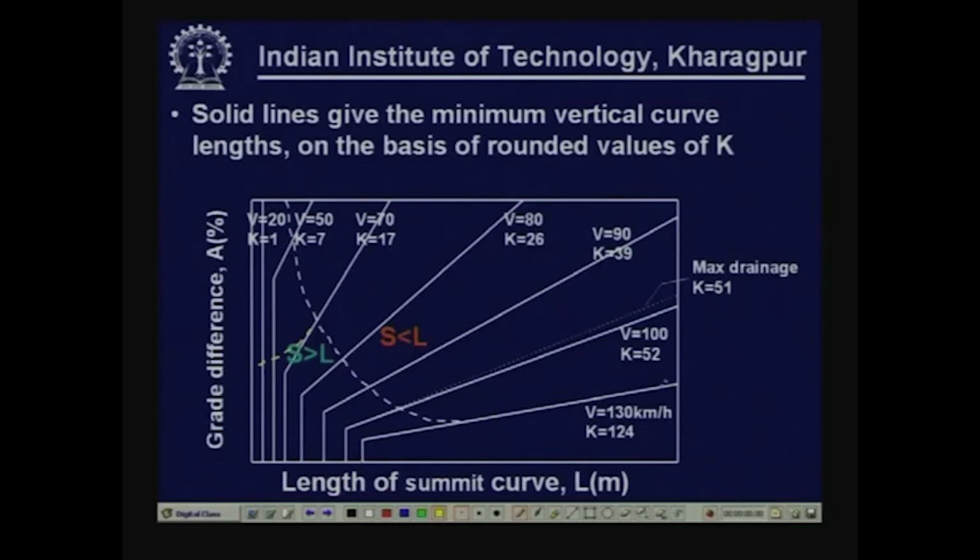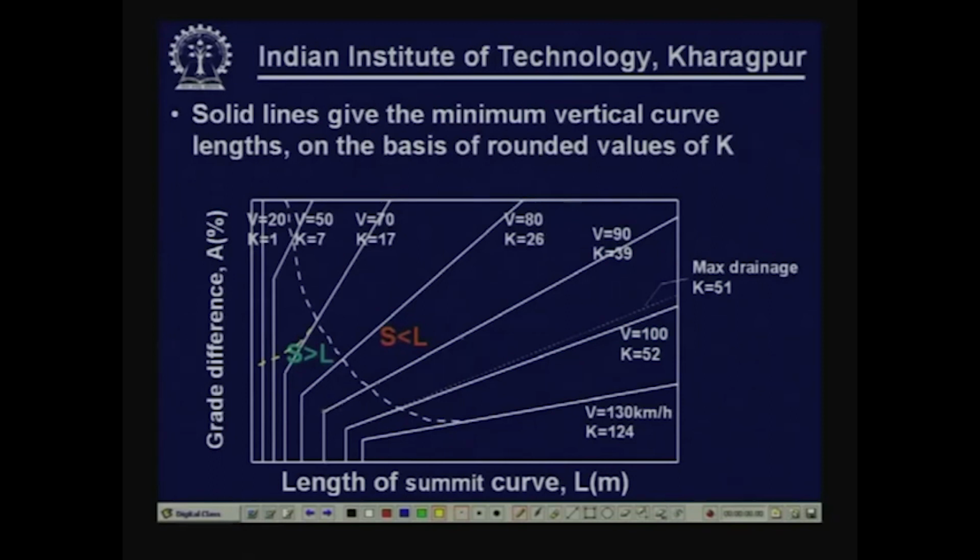Now, then this exhibit actually extends the line for S less than L, and it extends it up to that vertical line. That means, these are the limits: draw a vertical line here, extend this horizontal line wherever it meets.